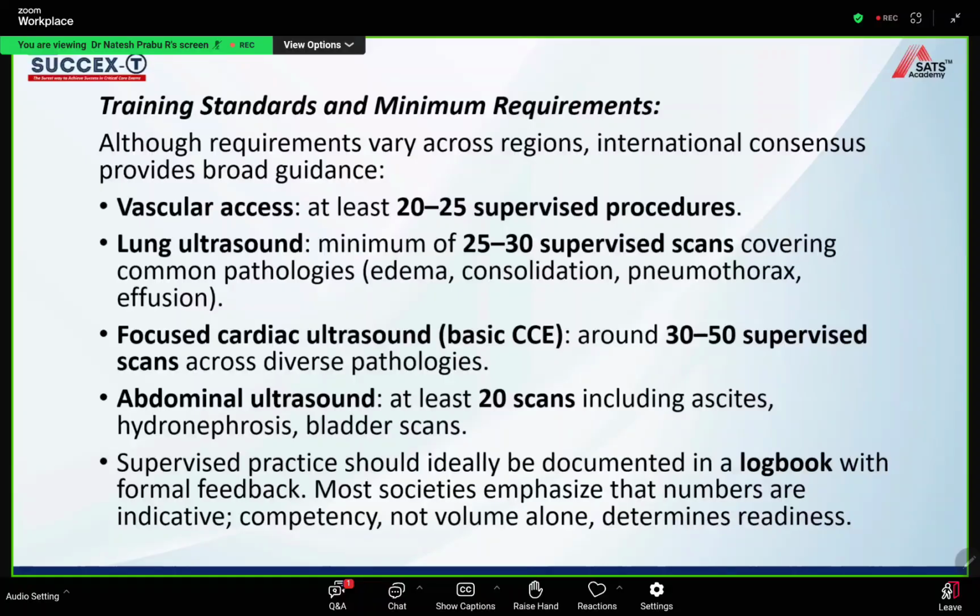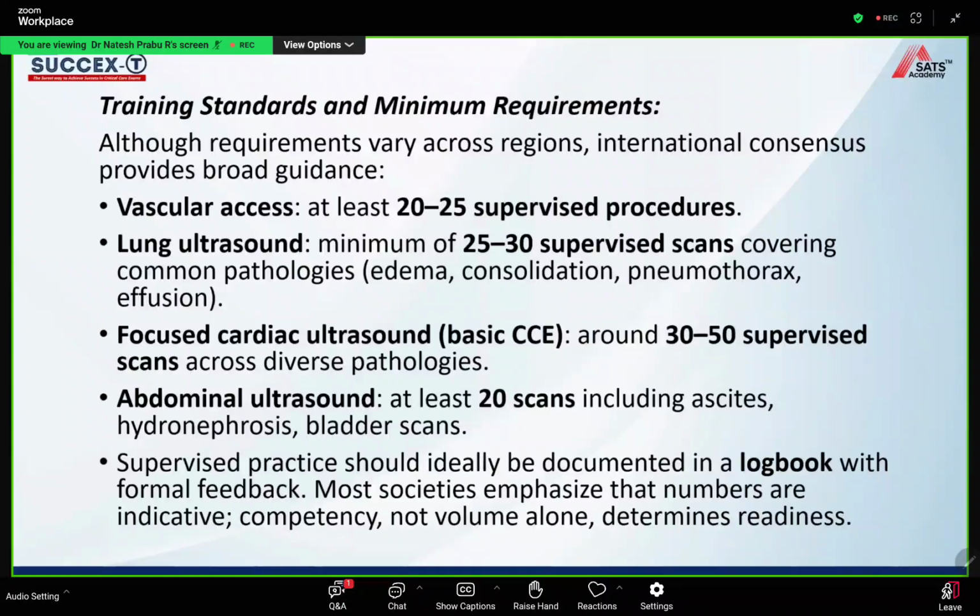So these are the training standards and minimum requirement recommendations. This may vary across regions, but the broad guideline is that we have to have at least 20 to 25 supervised procedures for vascular access. For lung ultrasound, a minimum of 20 to 30 supervised scans covering common pathologies.